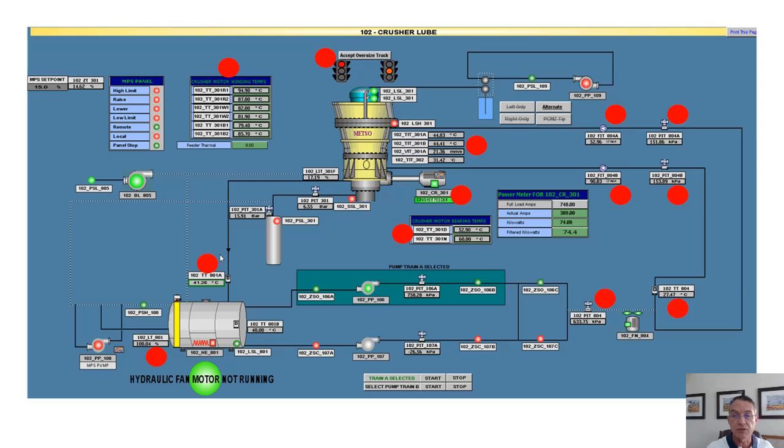And then if we go to the right, there we have our loop system with the flows and the pressures for the respective lines feeding the spider as well as the eccentric bearing, and then all the way to the bottom where we have our reservoir with the pumps, filters, etc. And we will use all this data to understand what are the interrelationships between these variables, identify different operating conditions.